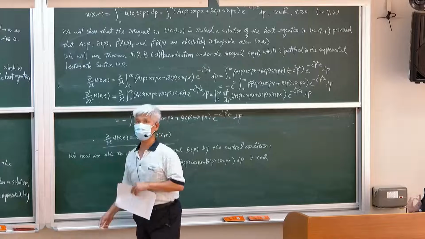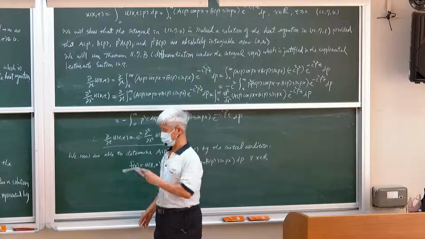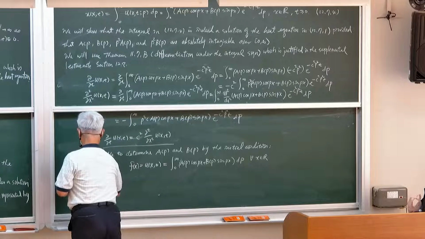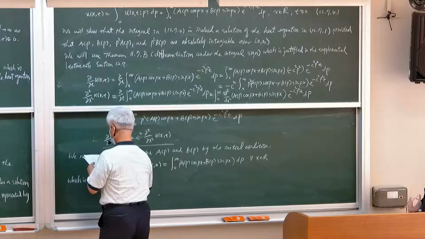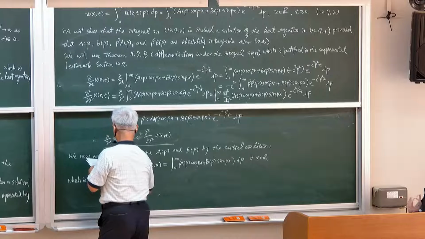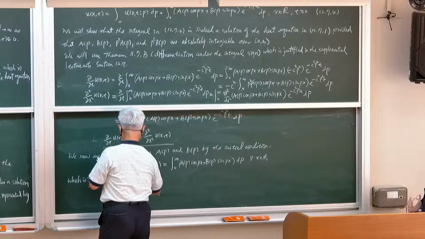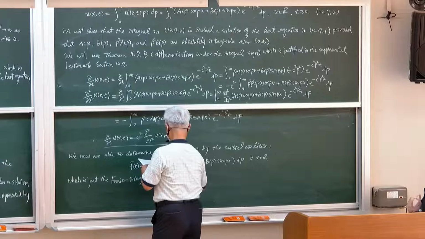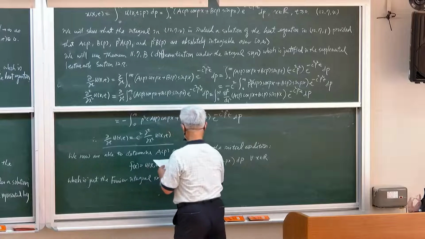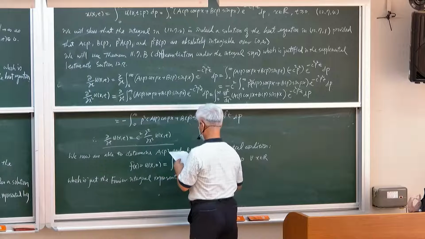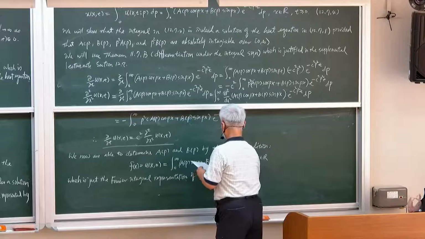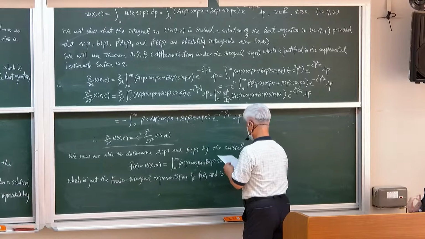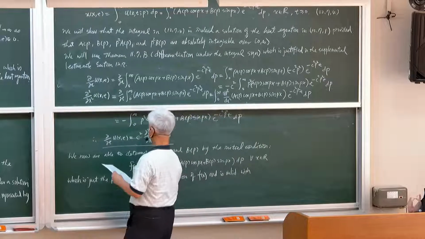When you see this one, you recall the material we learned in chapter 11, which is just the Fourier integral representation of f of x, and is valid with its value.